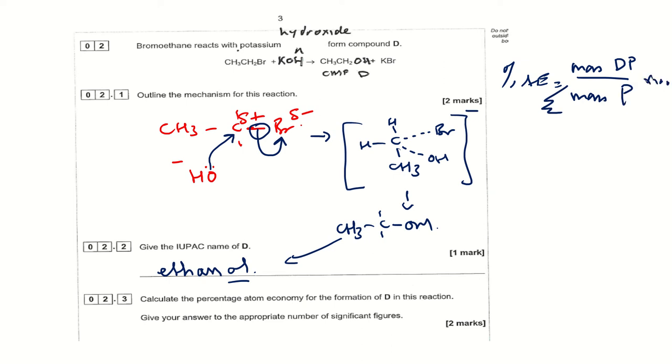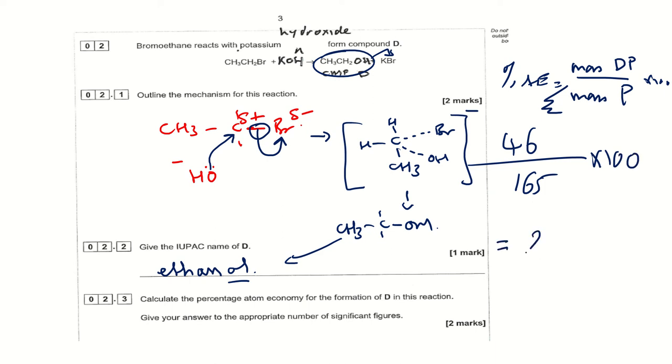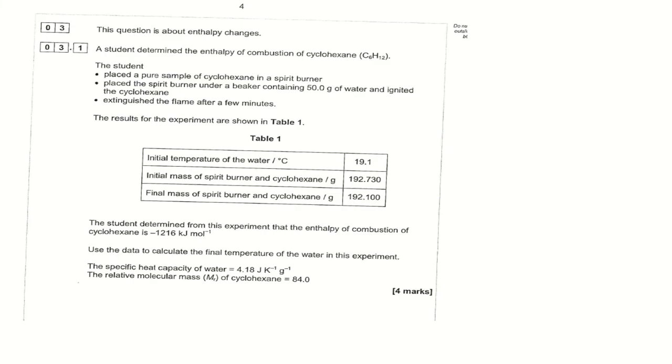The mass of your desired product is your ethanol here, that is a mass of 46. All your products together are 46 of the ethanol plus the potassium bromide, and that gives you 165. You times that by 100, and that gives you 27.8 as your percentage atom economy for that question.